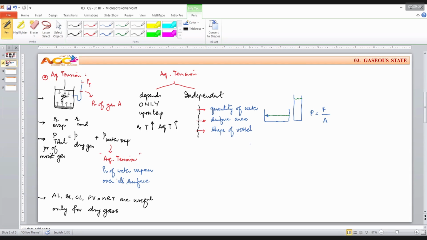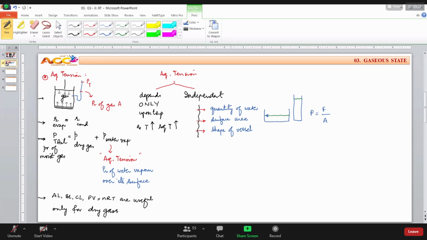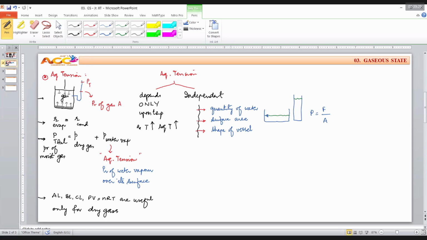You people are genius, therefore you say, okay, examiner, no problem. I'll say the correct answer. It is independent of shape of vessel also. Hence, remember that the aqueous tension is independent of quantity of water, independent of surface area, independent of shape of vessel, and all other factors. It depends only, only, only upon temperature. Okay.